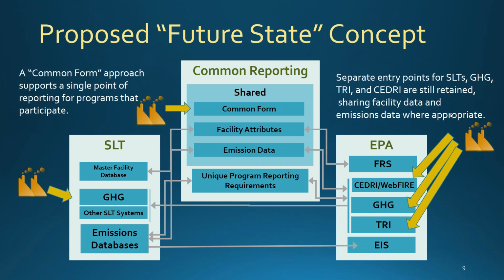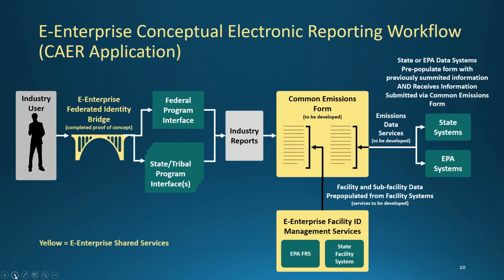And so the concept is how do you build these connections in this type of shared system, relying on retaining existing systems and sharing facility data and emissions data where appropriate. And hopefully through this, be able to reduce redundancy and use the best available data point for the emissions. And next slide, please.